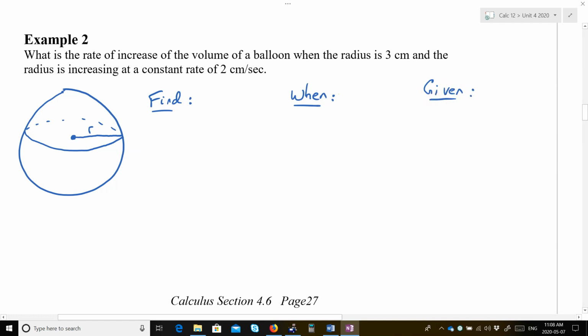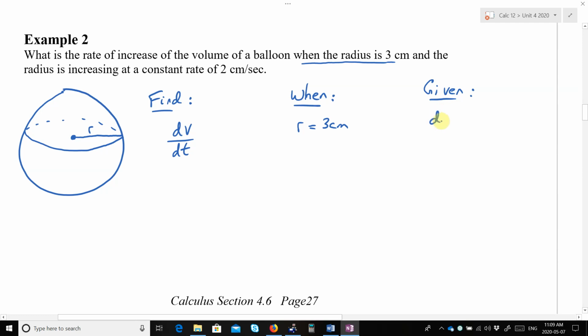And so it says, what is the rate of increase of the volume of a balloon? So they want us to find the change in volume with respect to time. When the radius is 3 centimeters, so at the instant that we hit r equals 3 centimeters, and the radius is increasing at a constant rate of 2 centimeters per second.